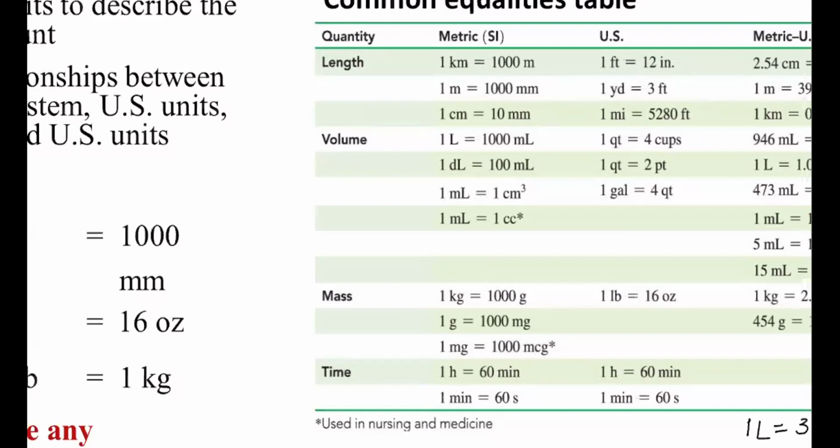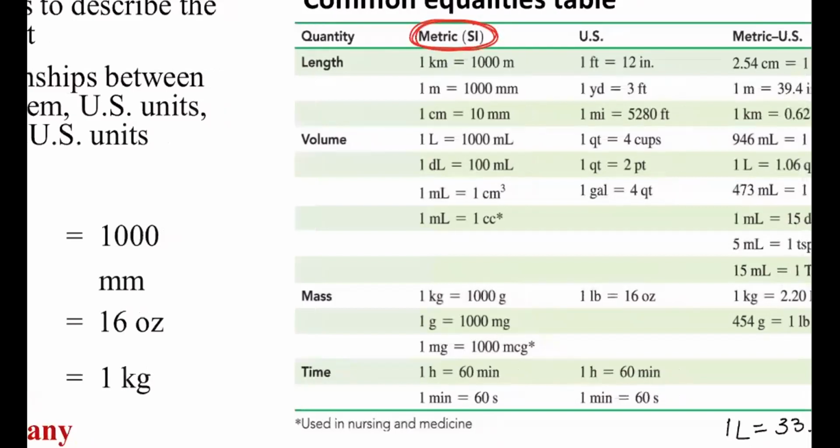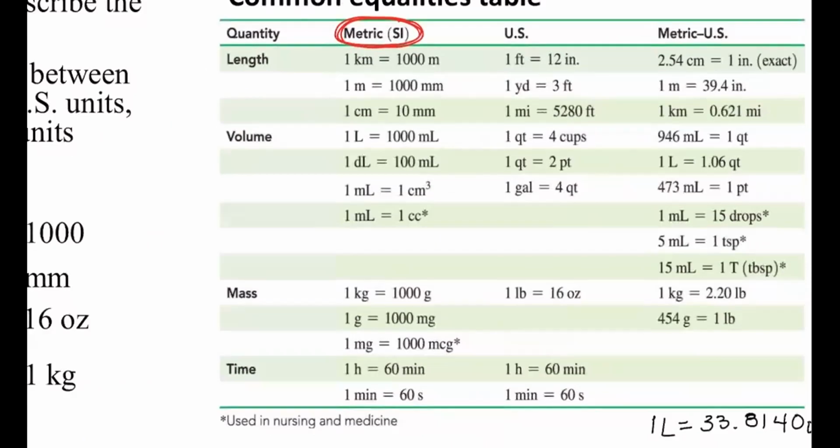In this column, the metric system, I'm going to show you a technique called the number line method to do those conversions. We also have US units and metric to US units, and you can see the relationships here.